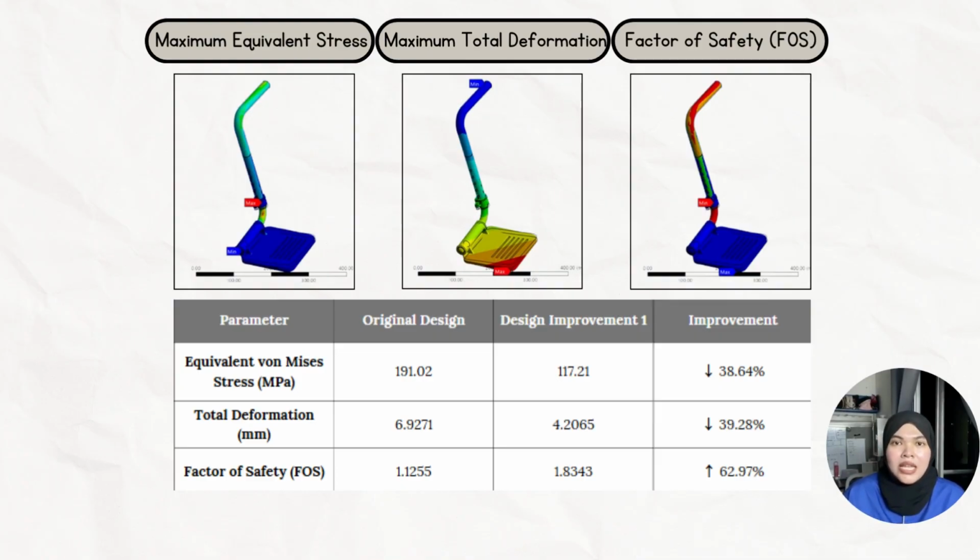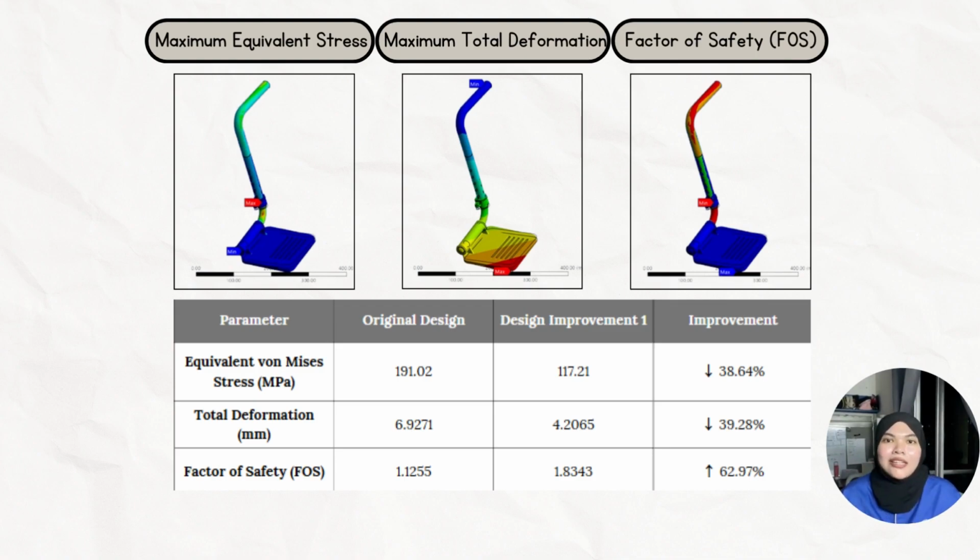39.28% improvement, indicating that the structure becomes stiffer and more stable under the applied load. In addition, the factor of safety increased from 1.1255 to 1.8343, an improvement of 62.97%, meaning the modified design has a much larger safety margin.